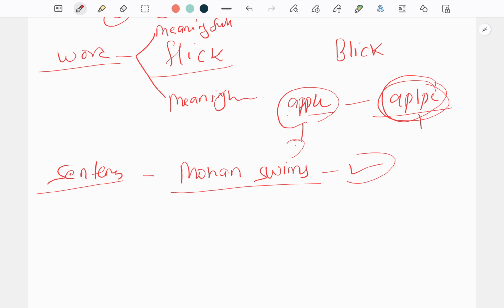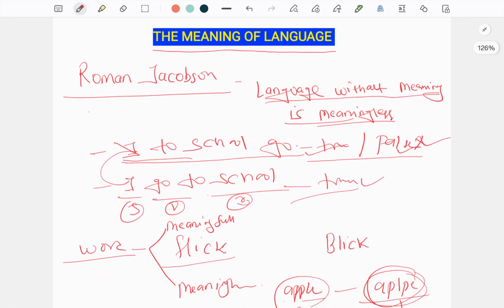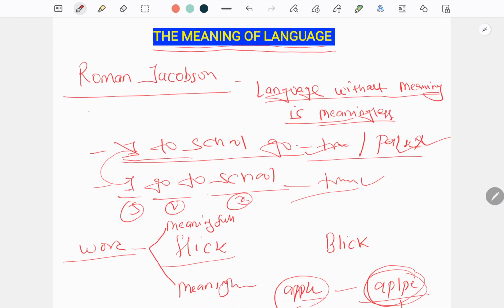But if I say "Mohan metaphorical every", this doesn't have any kind of meaning. So a sentence also follows the rules and regulations to express its meaning. This is what is known as the meaning of a language.